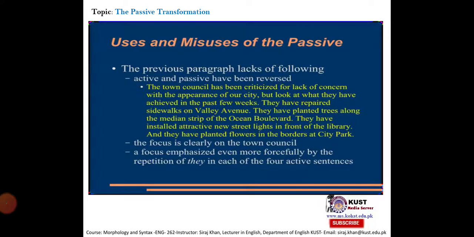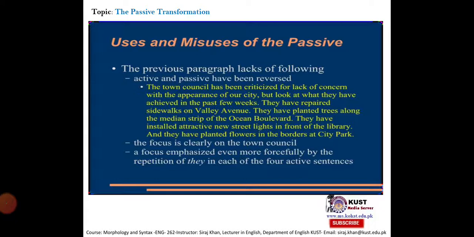In the previous paragraph, active and passive have been reversed. The town council has been criticized for lack of concern with the appearance of our city. But look at what they have achieved in the past few weeks. They have repaired sidewalks on Whaley Avenue. They have planted trees along the median strip of Ocean Boulevard.